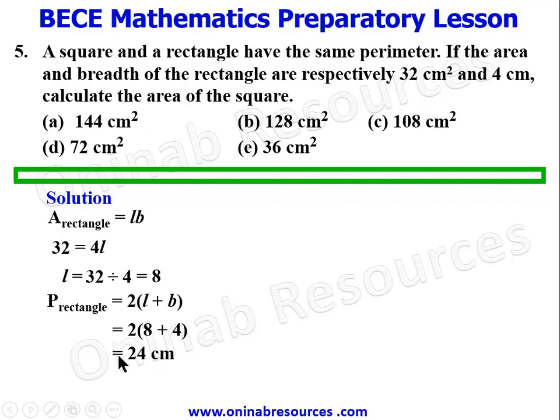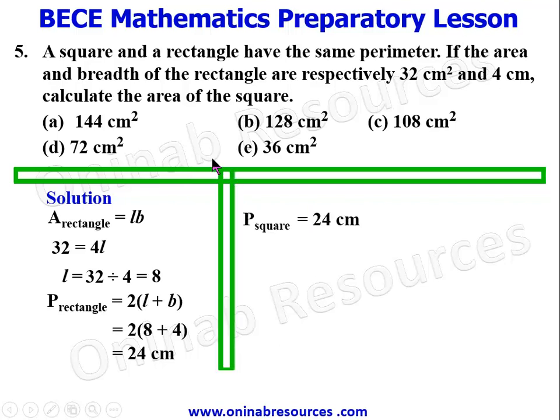The perimeter of the rectangle is 24 centimeters. The perimeter of the square is also 24 centimeters. So they have the same perimeter. So from here, we know the formula for finding the perimeter of a square is 4L. So this is 4L, that's the length of the square, is equal to 24.